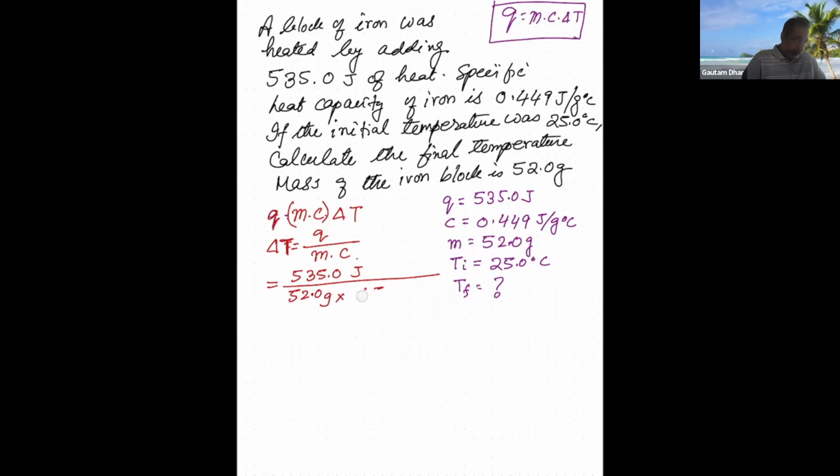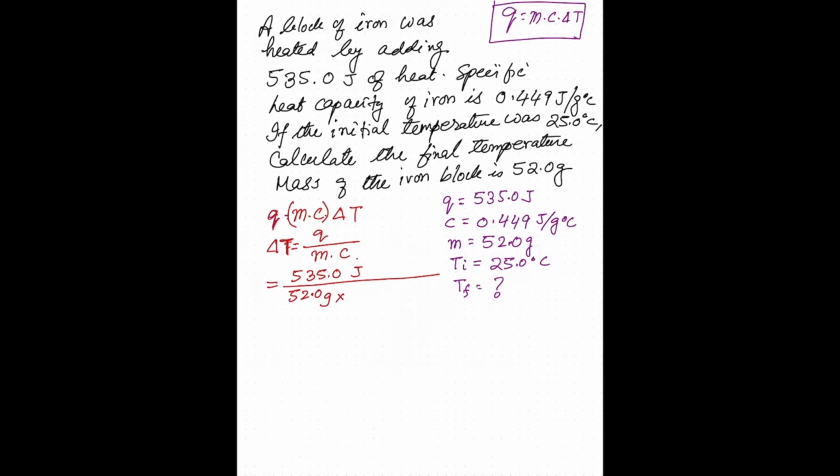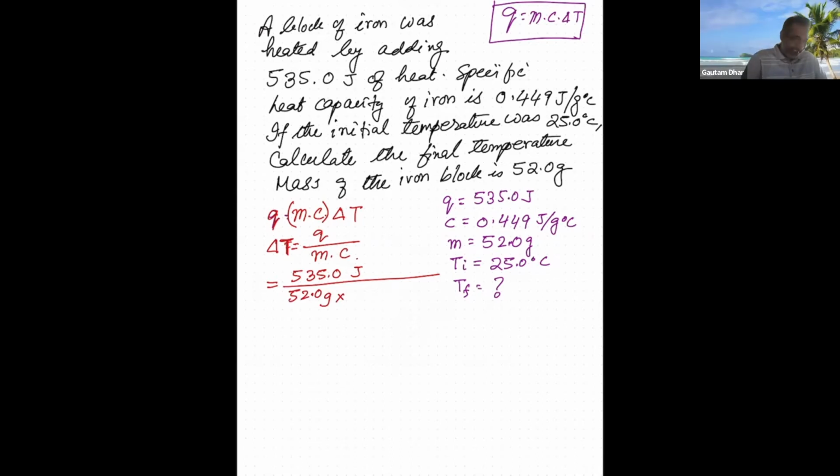This is not delta T, this is specific heat capacity. But how did I catch it? I could see my units were not canceling out. So writing units is always helpful. So it's going to be 0.449 joules per gram degree centigrade.